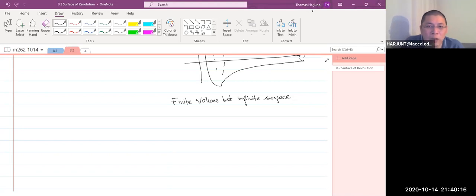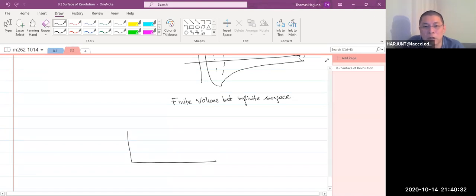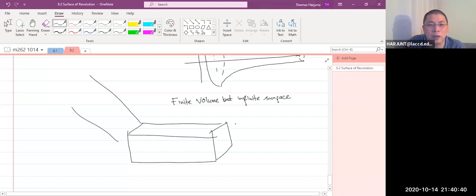Usually, it's the other way around. Usually you have infinite volume for infinite surface, right? The way we think is this: if you have a container so big such that the surface area is infinite, then the volume should also be infinite.